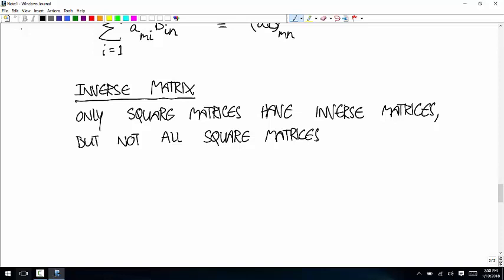And later, when we talk about eigenvalues, the requirements for a matrix to be invertible are going to be a big part of deriving the eigenvalue thing.